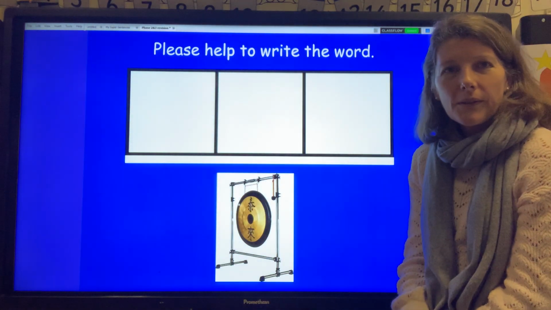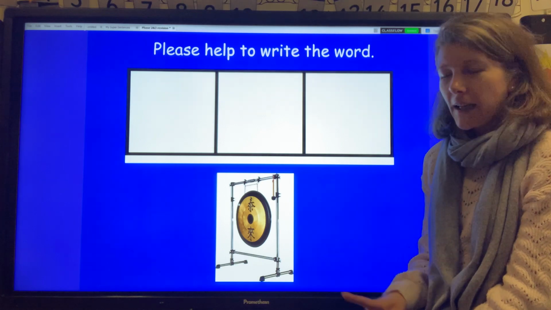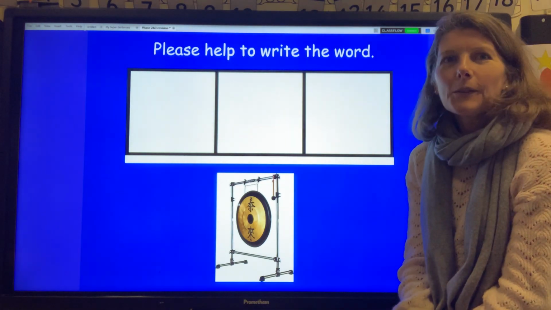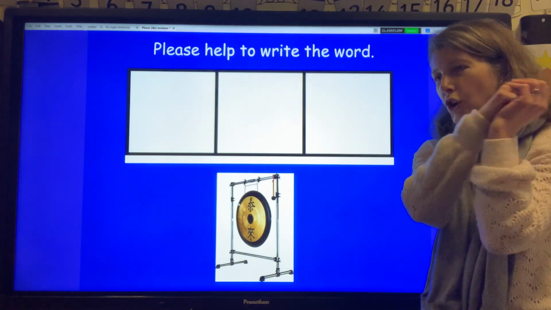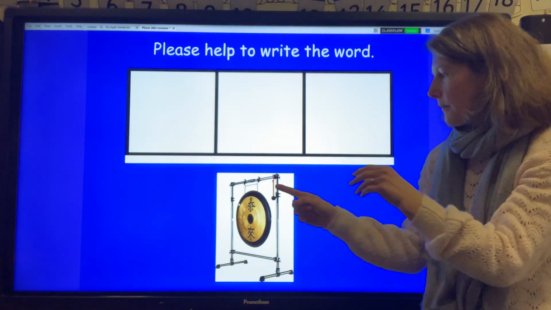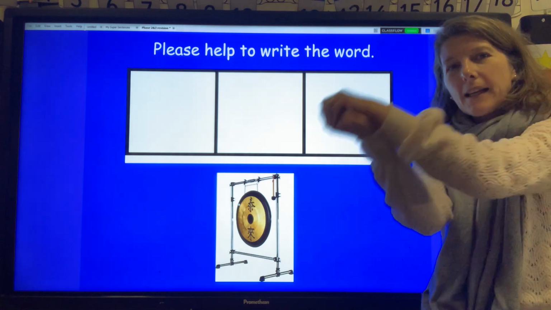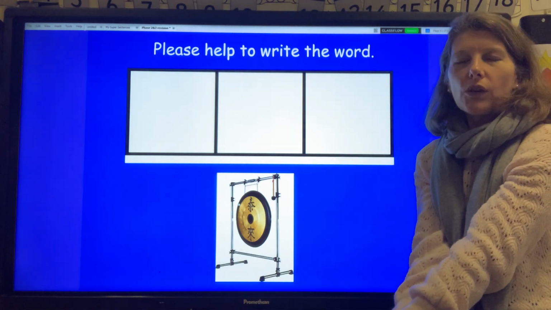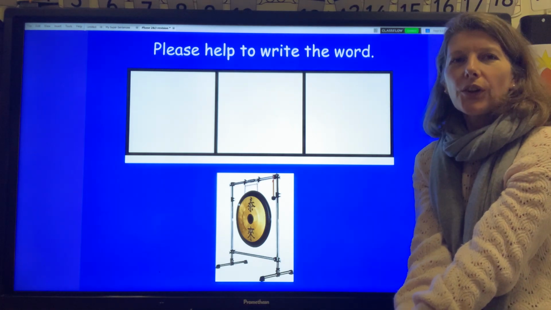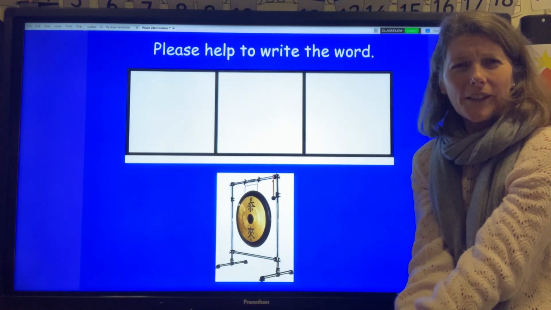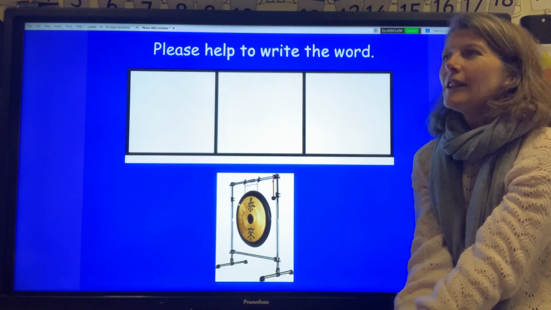Now this has been on a few of the worksheets that have happened this week. This is a really cool musical instrument if you're a percussionist. It's a big gong and you hit it with a soft mallet and it makes a big banging sound, a gong. It's quite an amazing sound. Gong, gong. It's quite a funny word to say actually, gong.